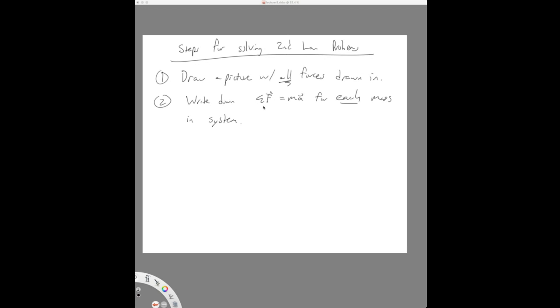In those problems, we only had one mass, but in later problems, we'll have more than one mass, and we have to write down net force equals ma for each mass. So then we split net force equals ma into x and y components.